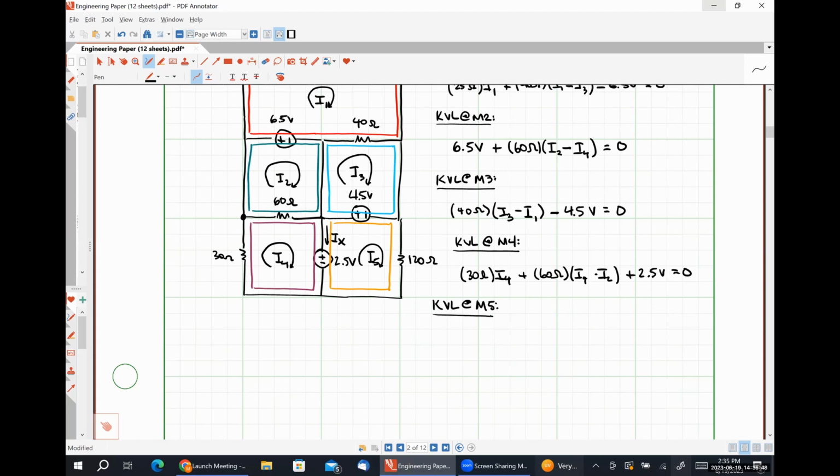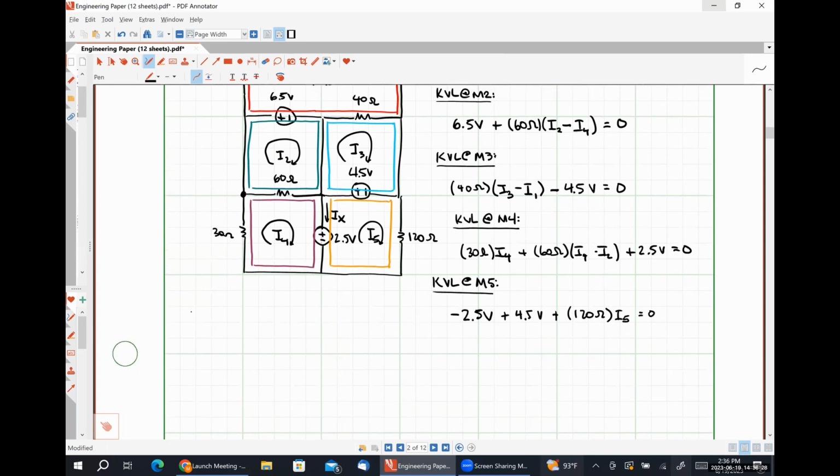Somebody else take a crack at this one if you don't mind. Minus 2.5 volts, plus 4.5 volts, plus 120 ohms times I5 is equal to 0. And then we would solve this system of equations for those mesh currents.